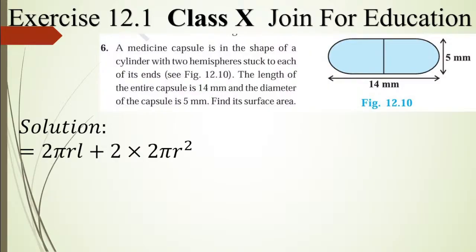So 2πrl plus 2 into 2πr². 2πr is common, taken out, therefore here we get l plus 2r.